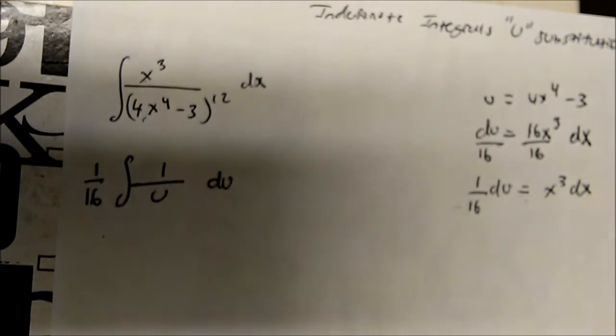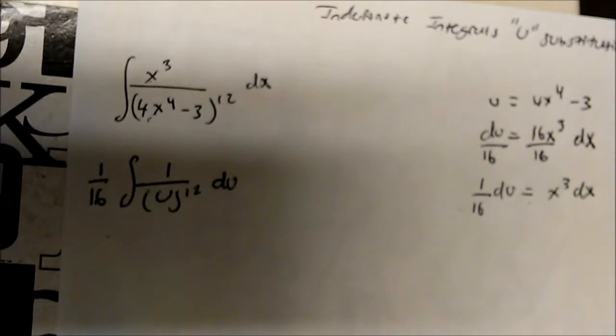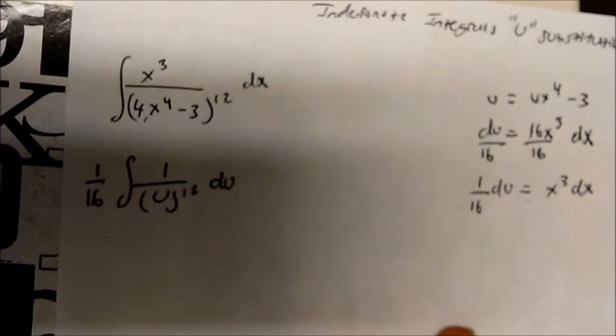You have to remember that it's 1 over u, but this is raised to the 12th power. Immediately I see something I could do. I could set this up as 1/16 of u to the negative 12 du. All I did was flip my u in the denominator and add a negative to the sign here.